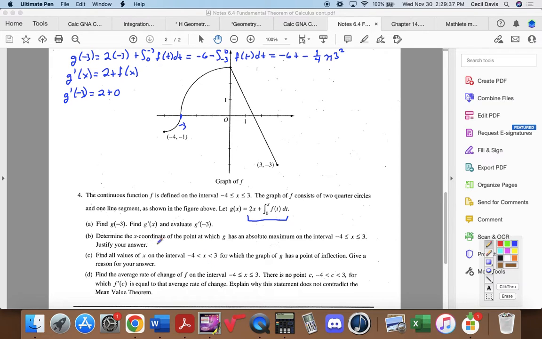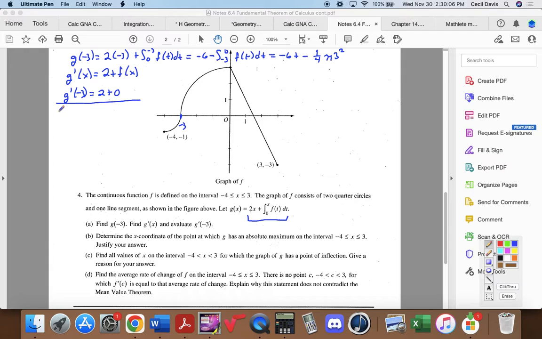Part B, determine the x-coordinate at which g has an absolute maximum on the interval from negative 4 to 3. Justify your answer. Okay, this is very much like the one we did a moment ago. We're finding an absolute maximum. We need to use the candidates test. So our candidates are going to be, well, whatever happens at negative 4.